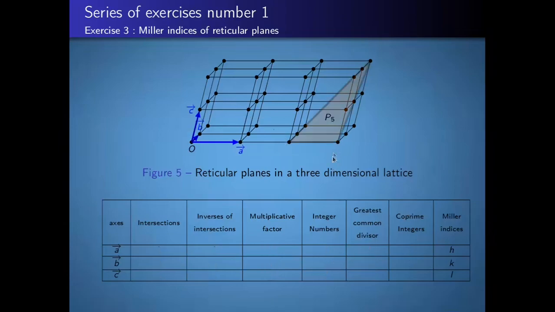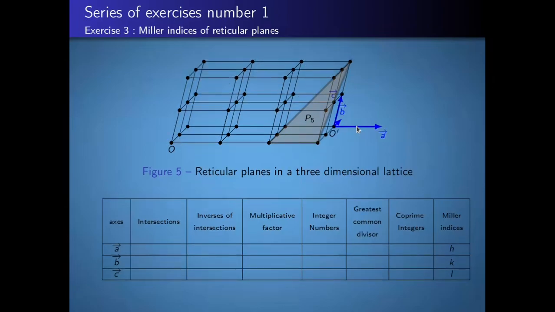For the plane P5, we have to do a change of the origin of the axis, and we place the origin here, like this.